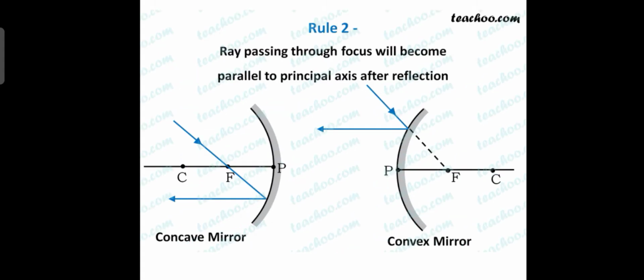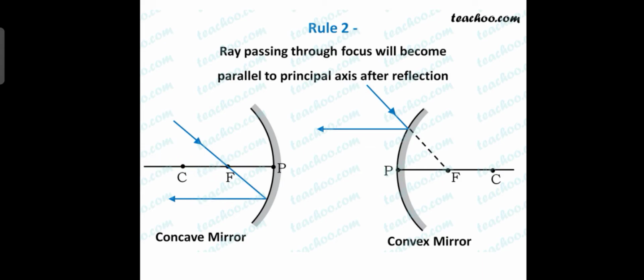A ray passing through the focus will become parallel to the principal axis after reflection. That means here you can see the ray is coming through the principal focus, so the reflected ray will be parallel to the principal axis. If the ray is passing through the principal focus, then it will be reflected back parallel to the principal axis.